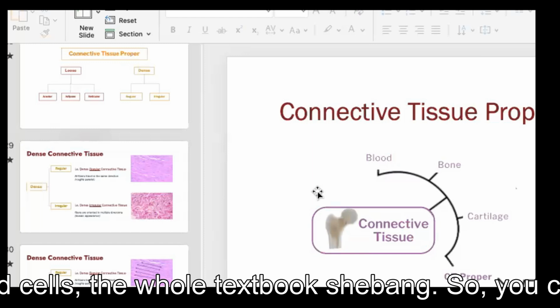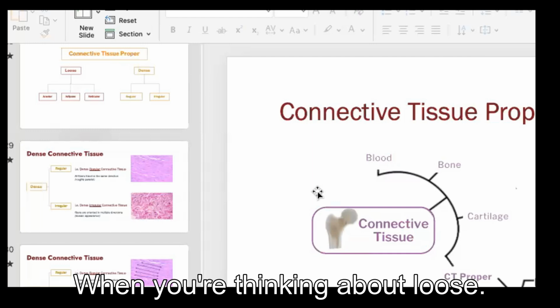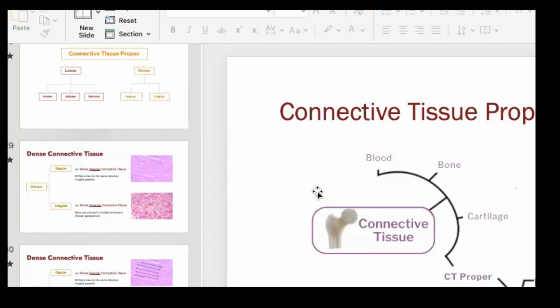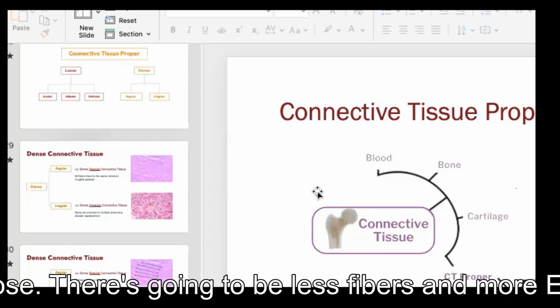Dense irregular, think about places that need to come back to their shape all the time. So your skin, we're going to go over this on Friday, which is tomorrow. The top layer of your skin is the epidermis, which is going to be what type of tissue? What do we think? Epidermis? Epithelium.